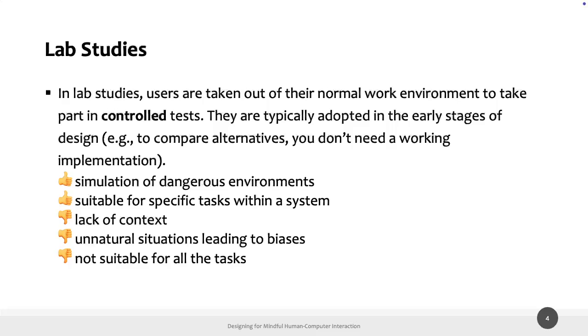So you can control the environment, which means that you can also simulate, for example, dangerous environments. Before sending some astronauts in the space, maybe it's better to test the interface of the spaceship in the lab, right?